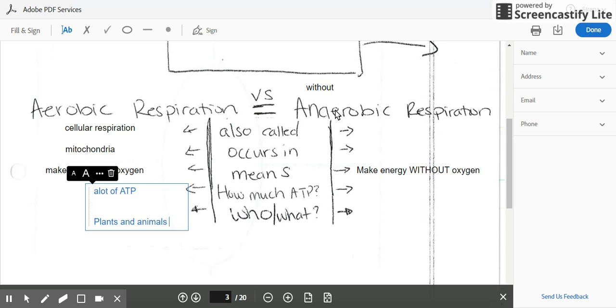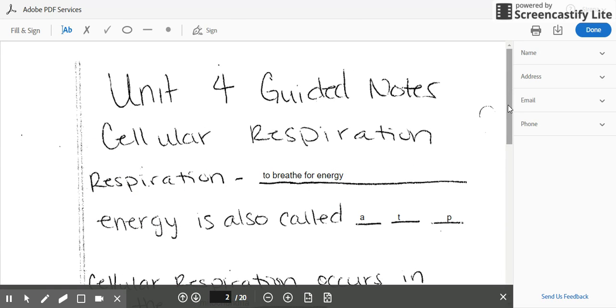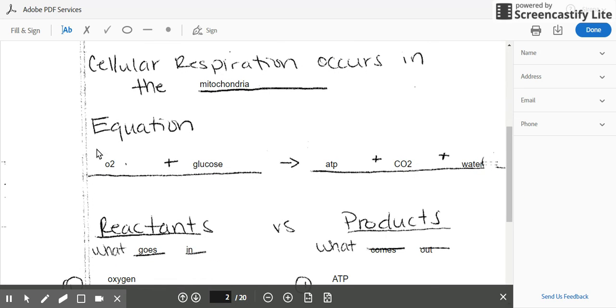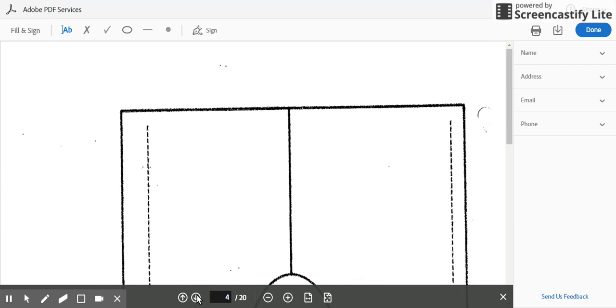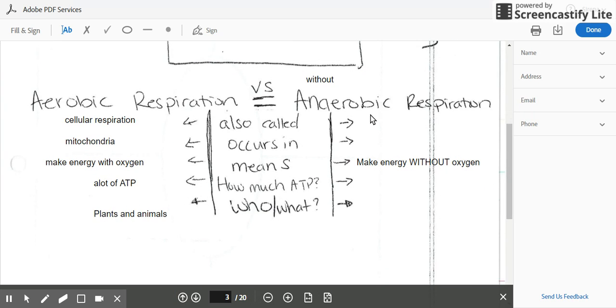However, anaerobic respiration, so without oxygen, this is when we take out our oxygen. There is no oxygen, but they still need to make energy. Anaerobic respiration is also called fermentation.